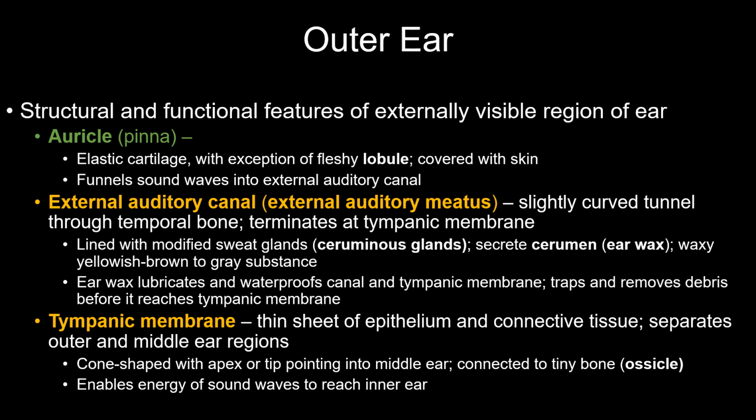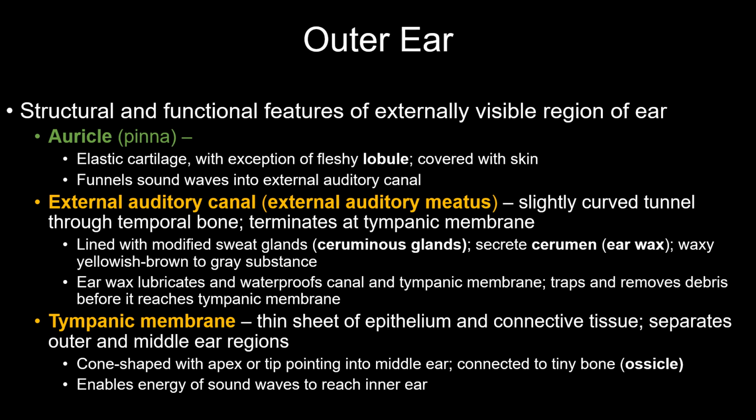It is actually called the lobule. The auricle's main function is to funnel sound waves into the external auditory canal, or the external acoustic meatus. It does this very well because it's essentially a large funnel for sound waves, funneling them down to the tympanic membrane. And that is exactly where this canal goes.